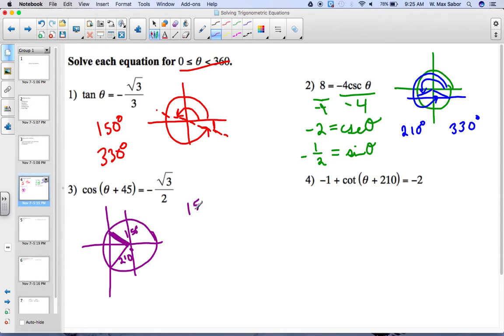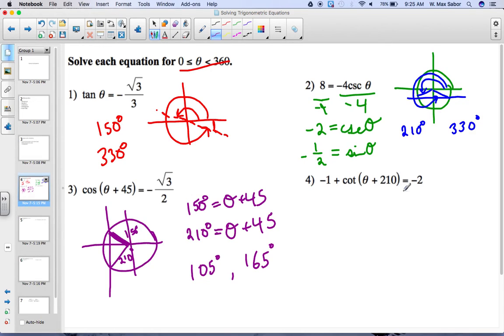So 150 degrees equals theta plus 45, or 210 degrees equals theta plus 45. Subtracting 45 from both sides in each of these equations gives us two answers: 105 degrees and what would that be? 165 degrees.